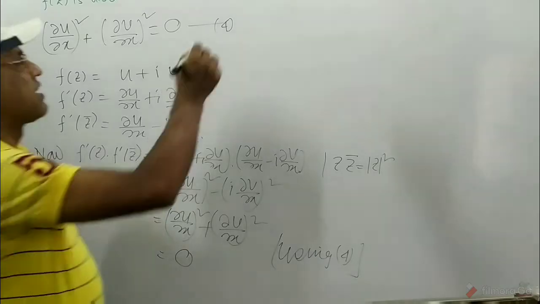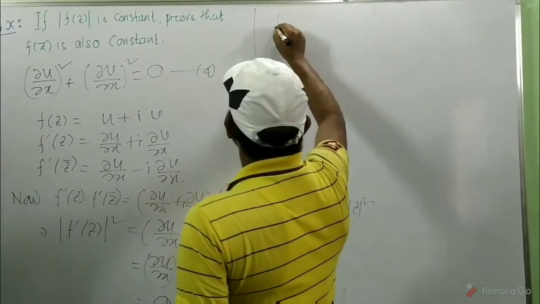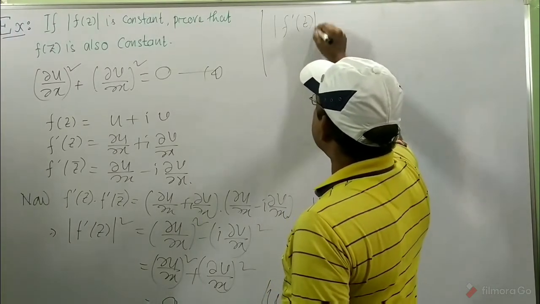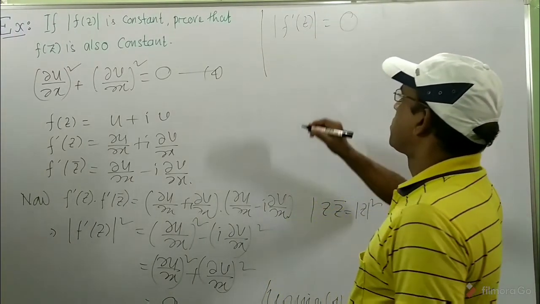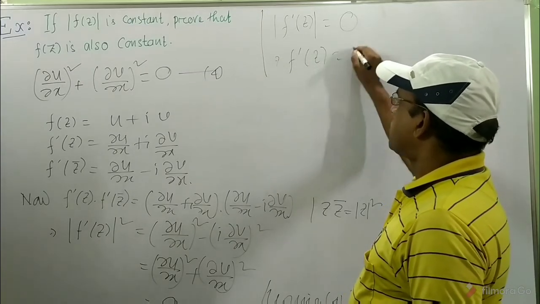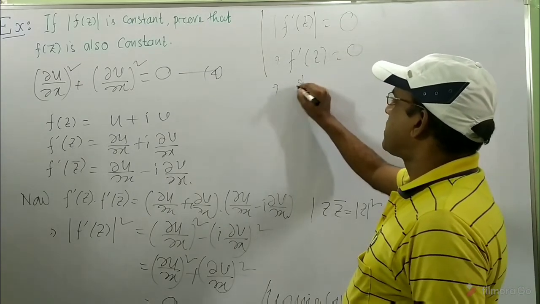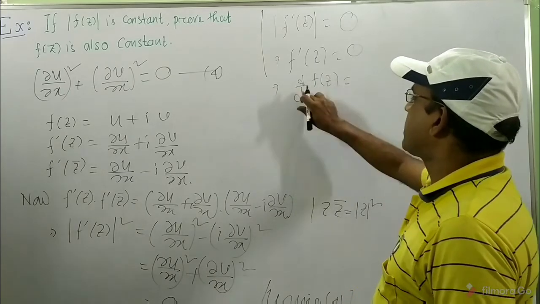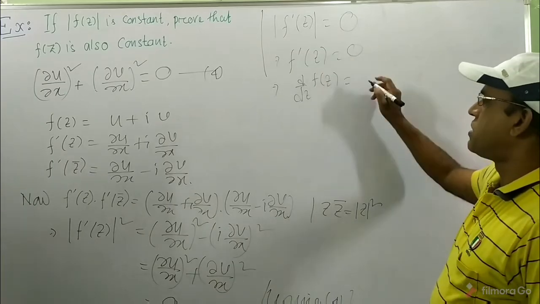Now at last we get modulus of f'(z) equal to 0. So f'(z) equal to 0, and this is d/dz of f(z) equal to 0.